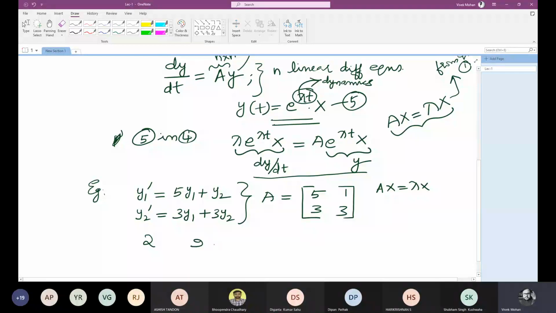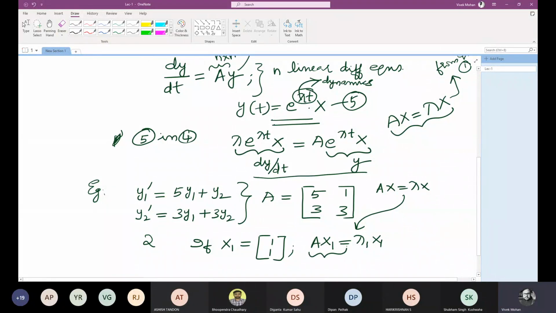So if x1 equals 1, 1, then to find lambda for this particular x1, let it be lambda 1. This matrix has of course lambda 1 and lambda 2, two eigenvalues. So Ax1 equals lambda 1 x1. Now what is Ax1?